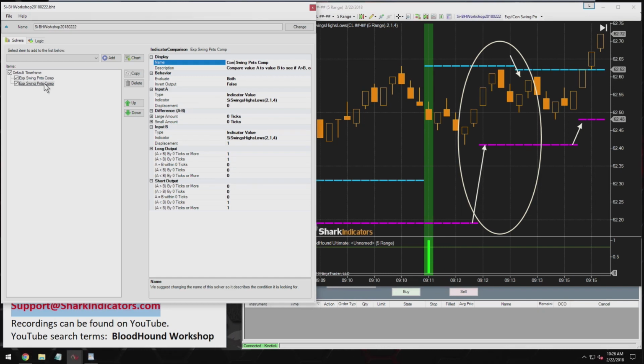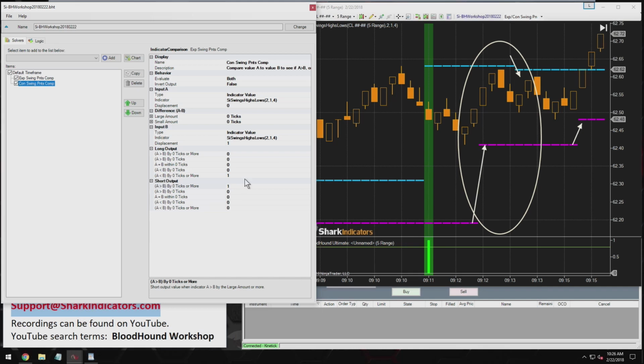So this solver will be identifying contraction. And as I mentioned, we just need to change the outputs here. You can see how I'm reversing the outputs. Okay, so now we have this solver built, so now we just need to go and test it.